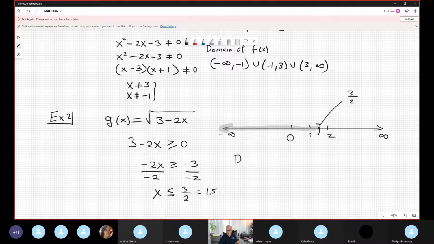The domain of g is from negative infinity, comma, 3/2, bracket, because we include 3/2 inside the domain. Because 3/2 is good. 3/2 gives me a real number. Everyone follow me?